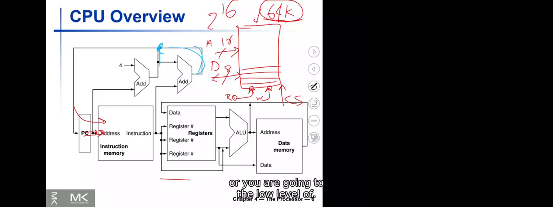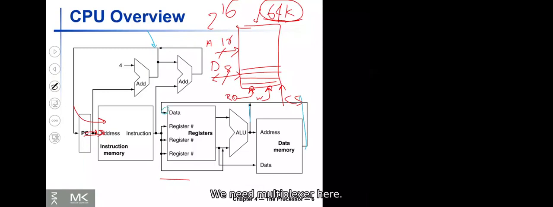Use an OR gate. So you are going to the low level of OR, but before that we name a higher level component. Multiplexer? Multiplexer, perfect. We should talk at the RT level, not just gates. It is a multiplexer.